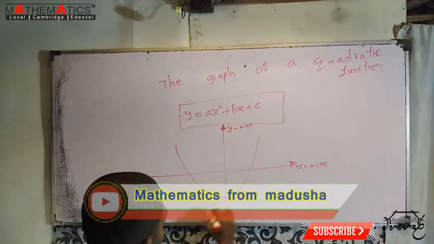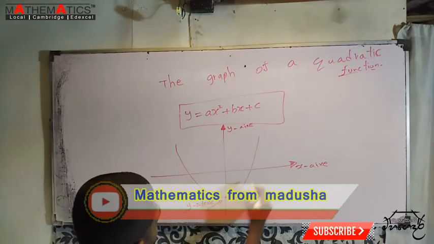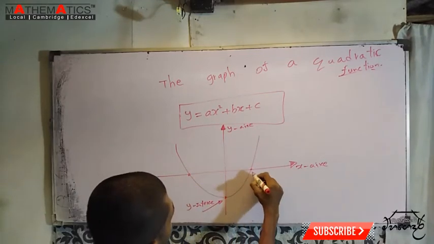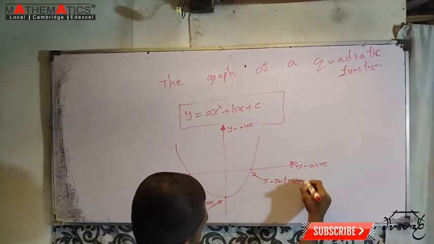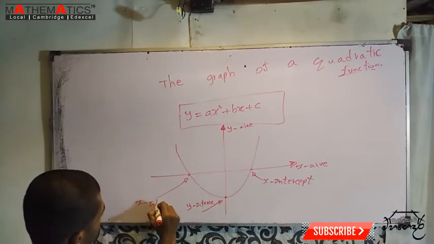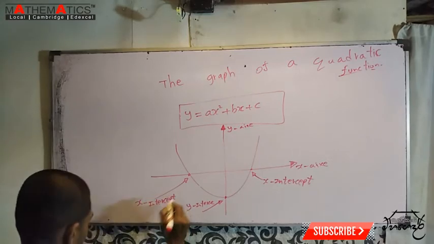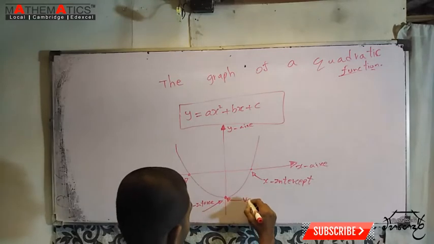This point is the y-intercept, and these two points are the x-intercepts. This point we know as the vertex.